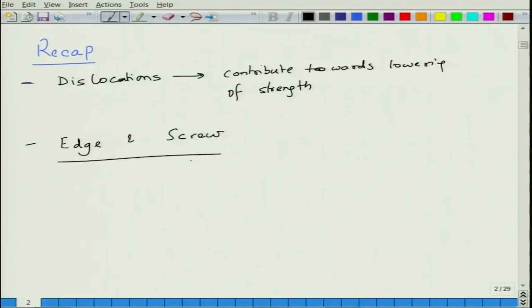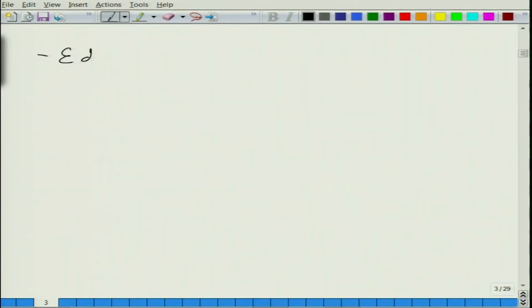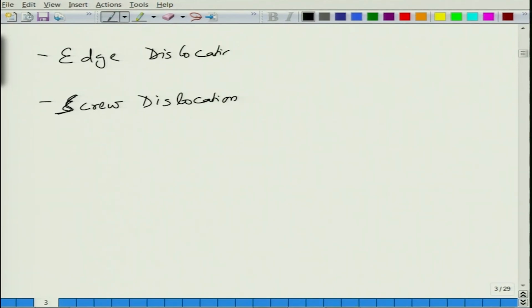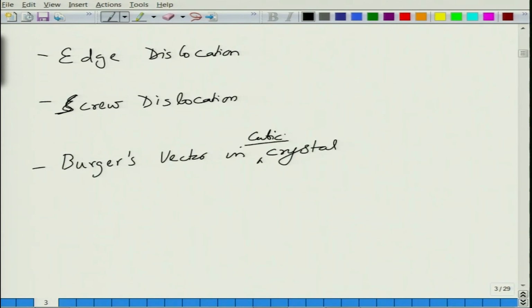So, what we have done till now is look at edge and screw dislocations, and how to define the Burgers vectors in crystals, especially cubic crystals. Now, we also see how they move in the crystals.